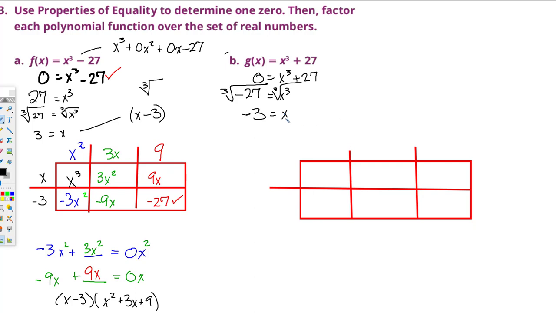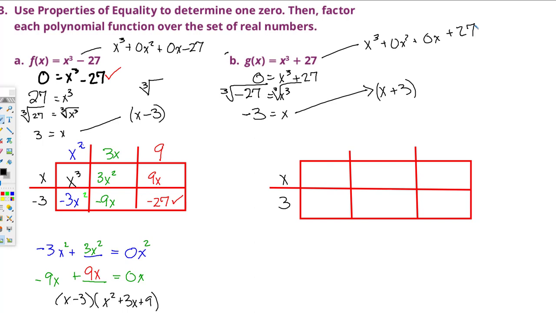So that means our factor is x plus 3. And just remember, this is the same thing as x cubed plus 0x squared plus 0x plus 27.